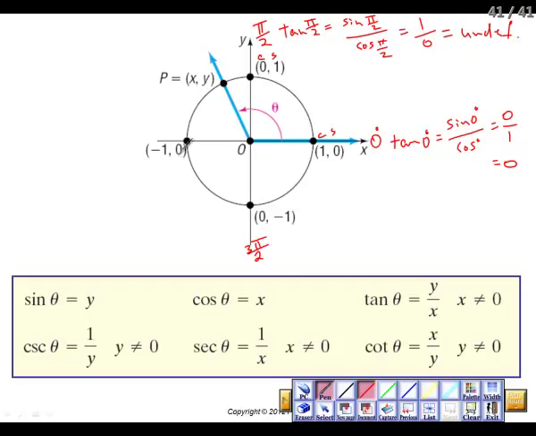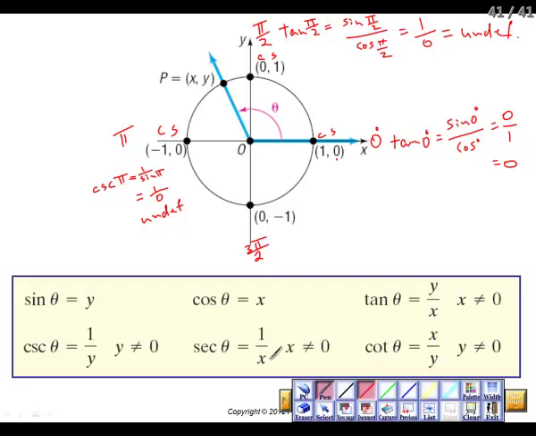And at pi, cosecant at pi is the same thing as 1 over sine pi. Well, sine at pi is 0, so cosecant must be undefined at pi, and cosecant is also undefined at 0.